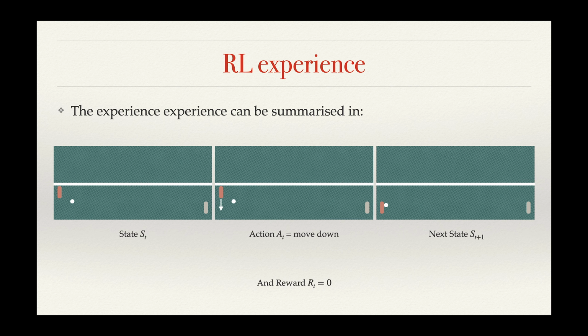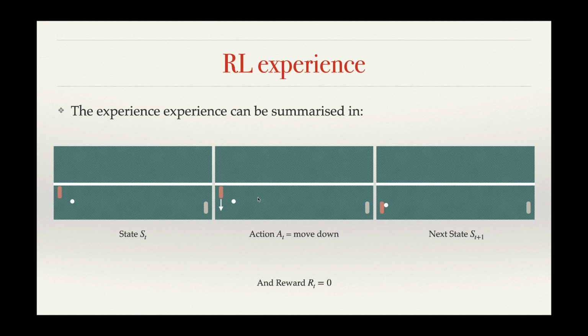So what is the experience here that we need to store, or need to learn from? In reinforcement learning, we need to memorize a state, which is now the current state. The action that is taken or decided by the reinforcement learning agent, which is here, for example, moving down.